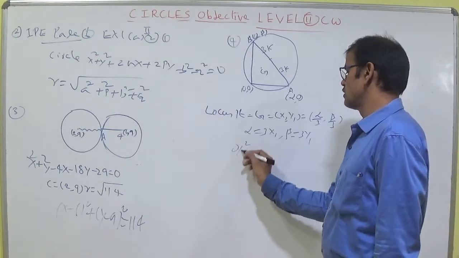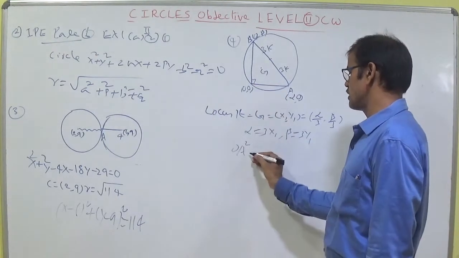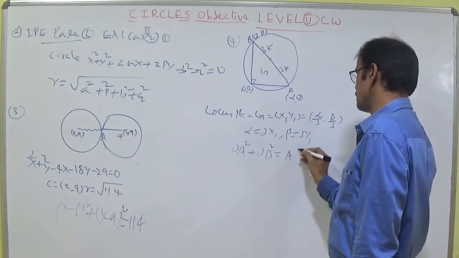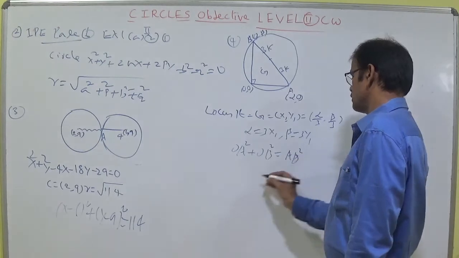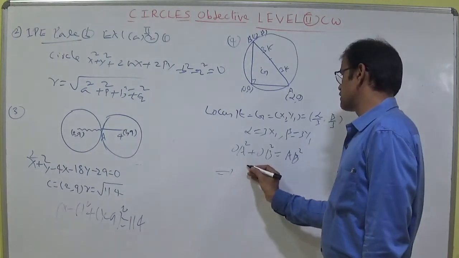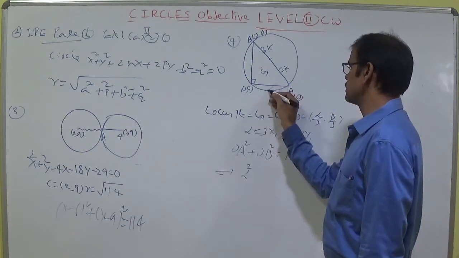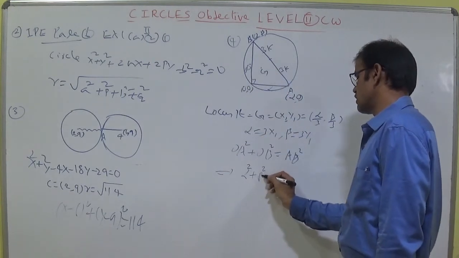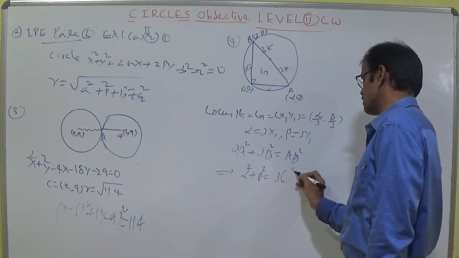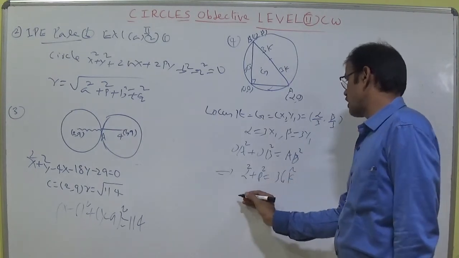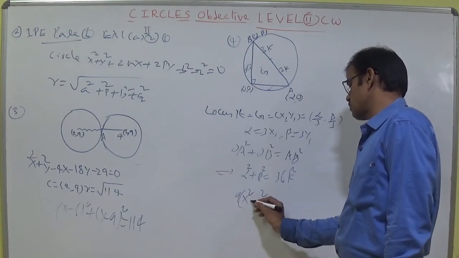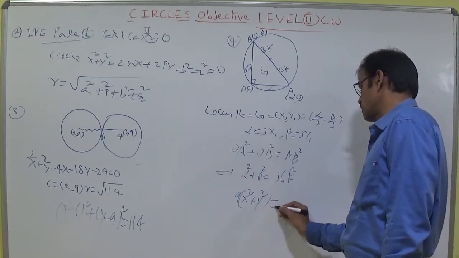Using here, according to the right angle triangle concept, OA square plus OB square is equal to AB square. That implies, what is OA square? Here alpha square. Simply the distance is alpha, this distance is beta. So you can write here alpha square plus beta square is equal to 36k square. Here alpha means 3x1. You can write here 9 into x square plus y square. Locus I am writing directly.